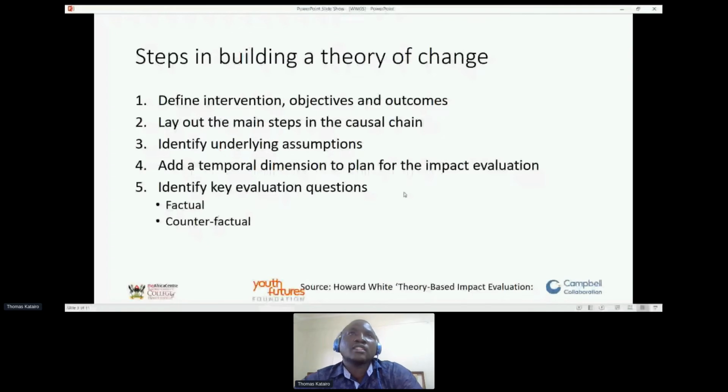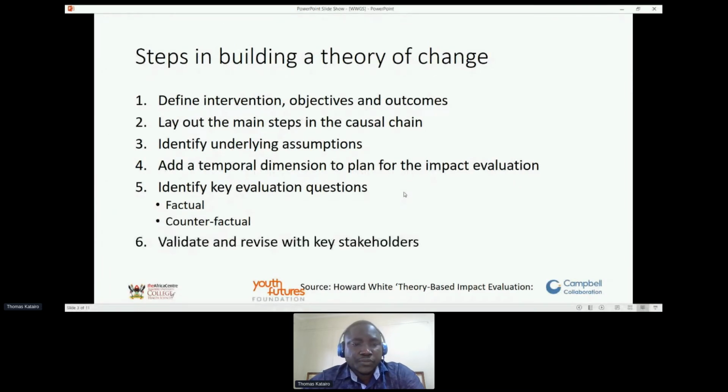So the factual part asks: is the intervention going to the right people? Is the target population receiving the intervention? The counterfactual is where you ask, what if there was an absence of the intervention? Would the outcome still have been seen? Those are some of the questions you ask when you're doing the theory of change.